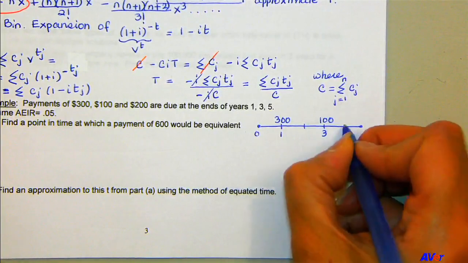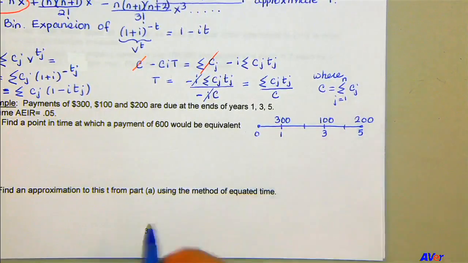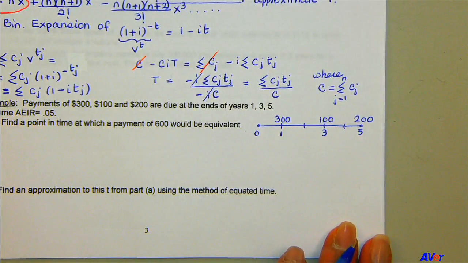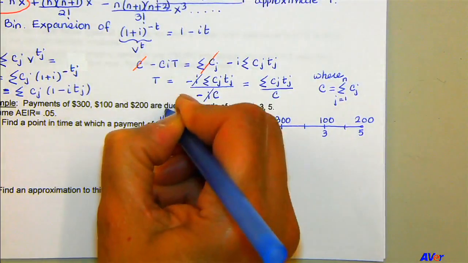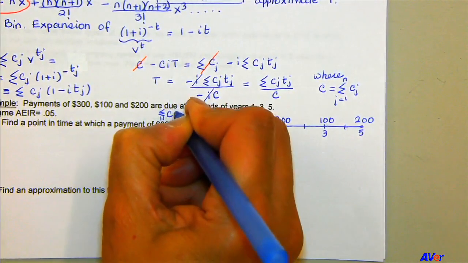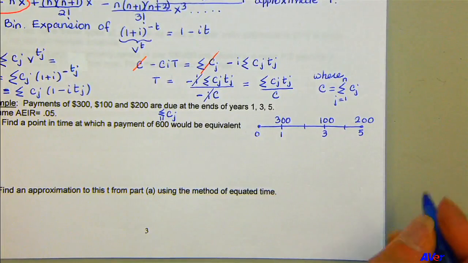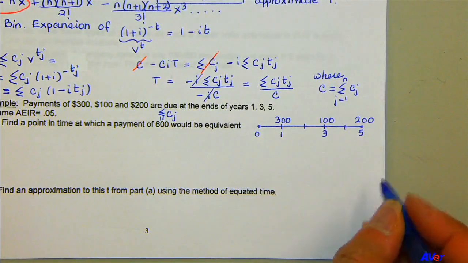And at the end of time 5, I have 200. Assume 5% annual effective interest rate. Find a point in time at which a payment of 600 would be equivalent. So notice that 600 is equal to the summation of cj, right? Because 300 plus 100 plus 200 is 600. So it's saying find the point in time.